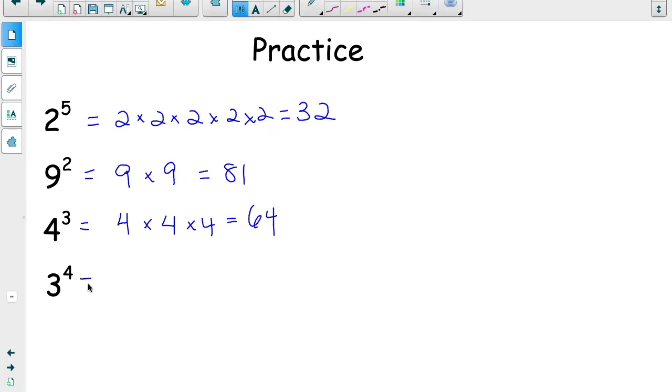And last but not least, we got 3 to the fourth power. That means give me 4 copies of 3 being all multiplied together. And now let's multiply. 3 times 3 is 9. 9 times 3 is 27. 27 times 3 is 81. So this is how we would expand it out and then multiply to get our final product.